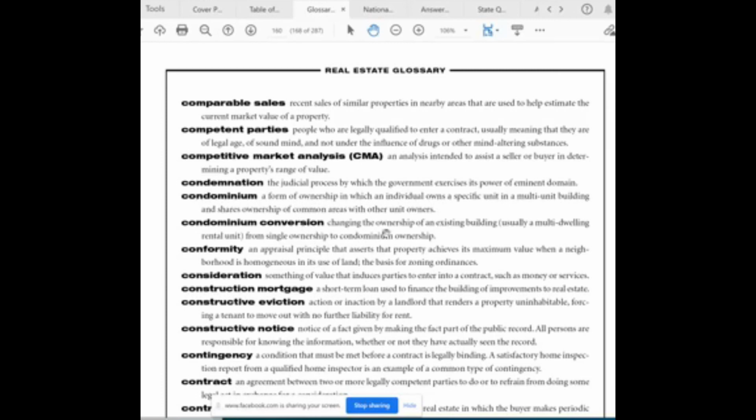Condominium conversion, changing the ownership of an existing building, usually a multi-dwelling rental unit, from single ownership to condominium ownership. And so there are places that have converted apartment buildings to condominiums, or they've converted them to townhomes.